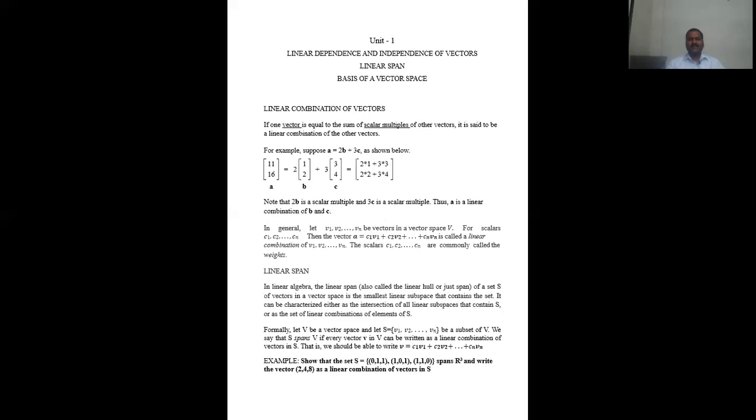Basis is nothing but a sort of coordinate system in which geometrically we view all the data or all the vectors. So any vector in that space, we can reach through the combination of these two vectors, which are basically linearly independent. Then we say that the entire space is spanned by these two vectors, namely b and c.